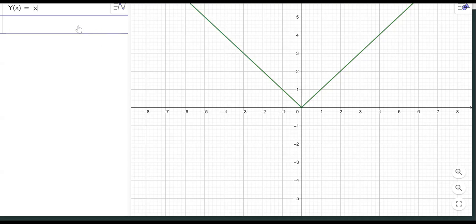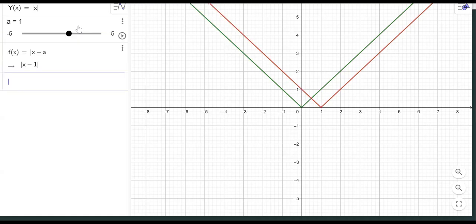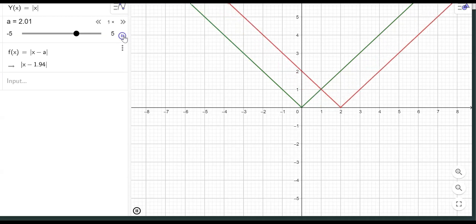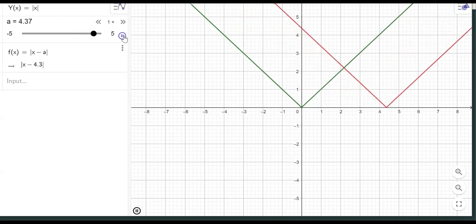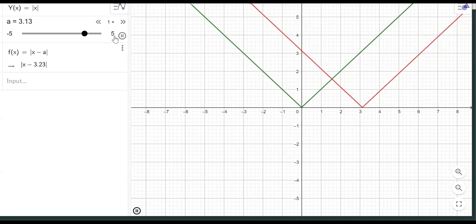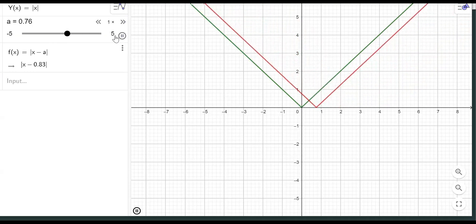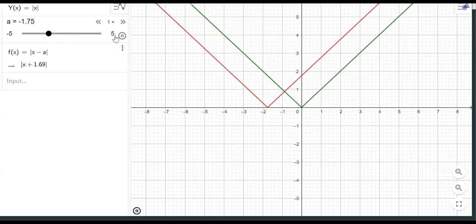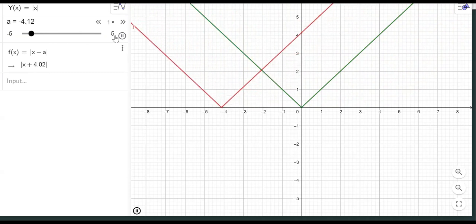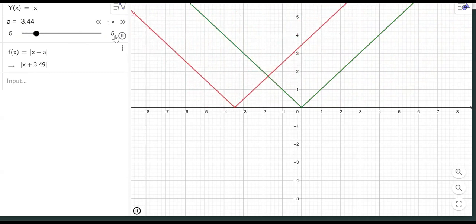Now, see this curve, modulus of x minus a. When a is positive, it is moving right. When a is negative, it is moving left. This is how it moves.